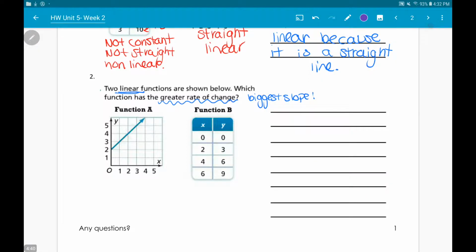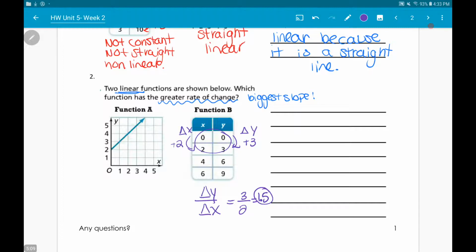So first, from a table, I can pick my 2 points. And I can figure out my change in y, which is 3. And my change in x is 2. And then I do my change in y divided by my change in x. 3 divided by 2, and that gives me 1.5. Okay?